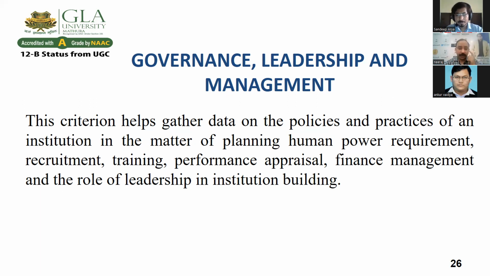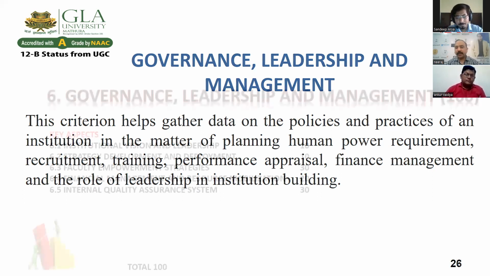So criteria 6 helps gather data on the policies and practices of an institution in the matter of planning human power requirements, recruitment, training, performance appraisal, finance management, and the role of leadership in institution building.